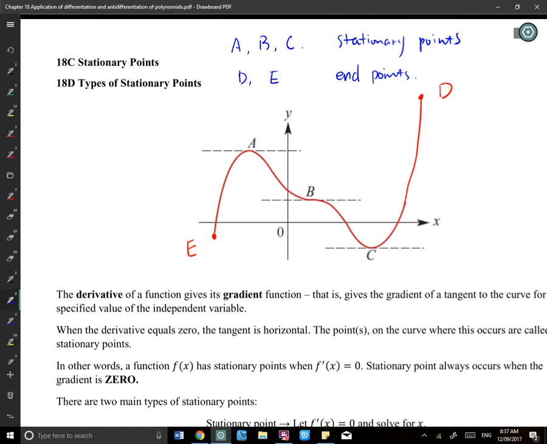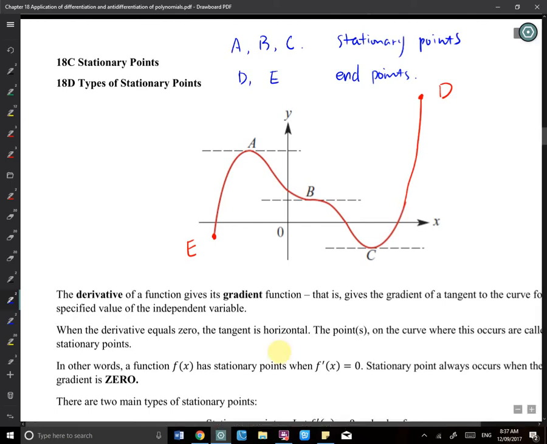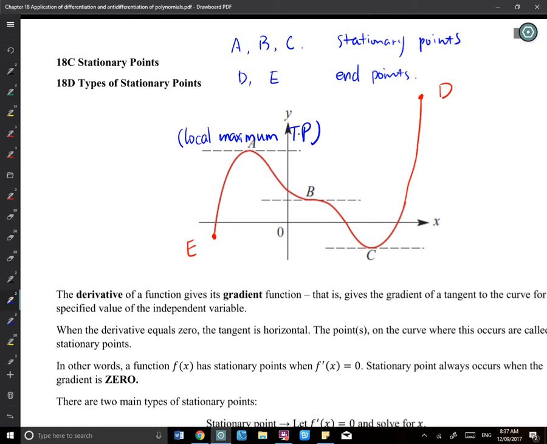But we can classify that into small subgroups as well. A is called a local maximum turning point. It's a turning point and it's a maximum turning point, so I can call that a local maximum turning point.